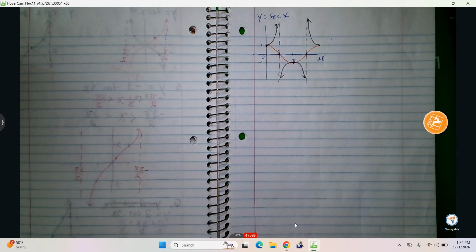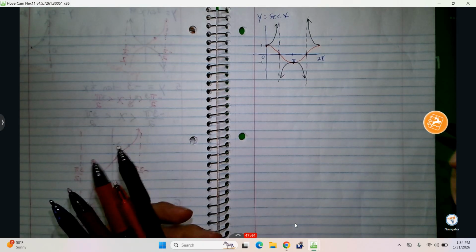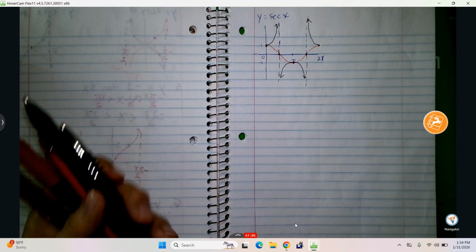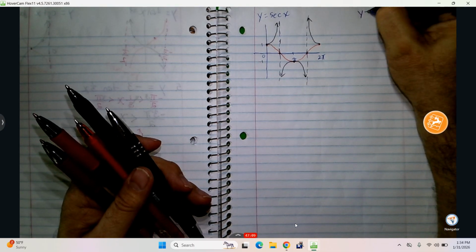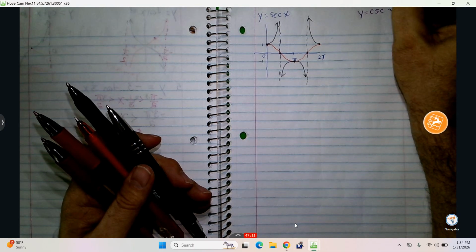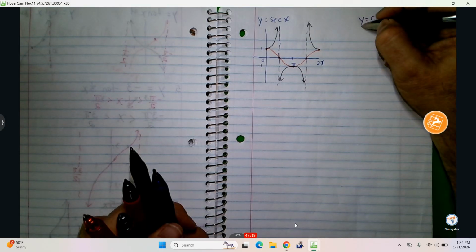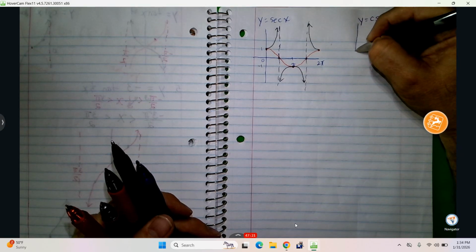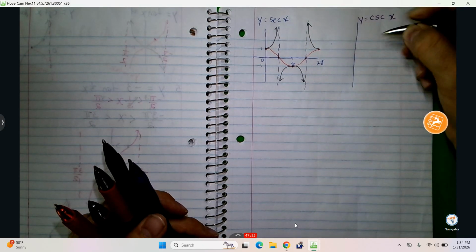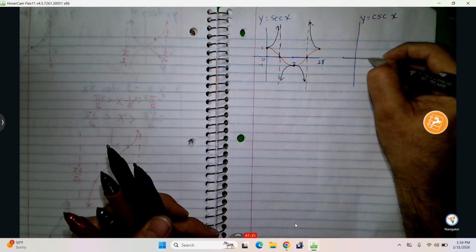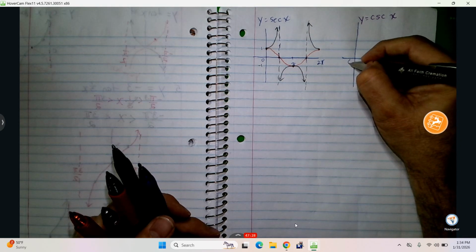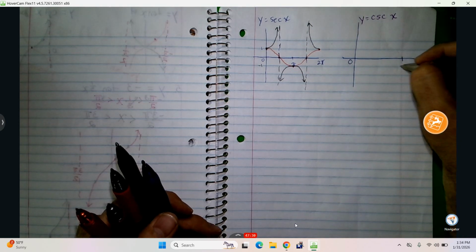Now we'll do the exact same thing to draw cosecant x, except cosecant is the reciprocal of sine x. So I'm drawing the graph of y equals sine x, 0 to 2 pi.